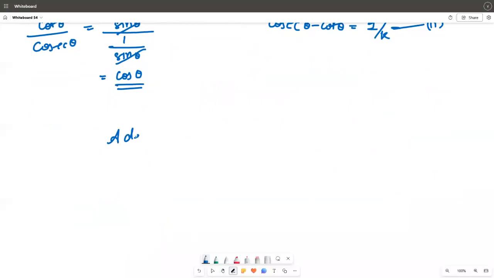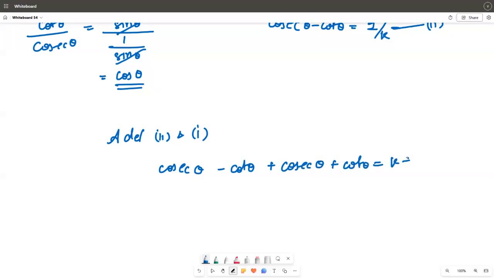To find cosecant theta, add both the equations, add 2 and 1. So we have cosecant theta minus cot theta plus cosecant theta plus cot theta is equal to k plus 1 by k.